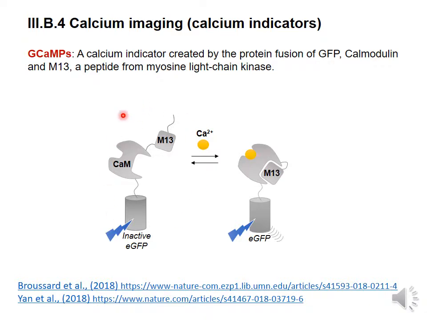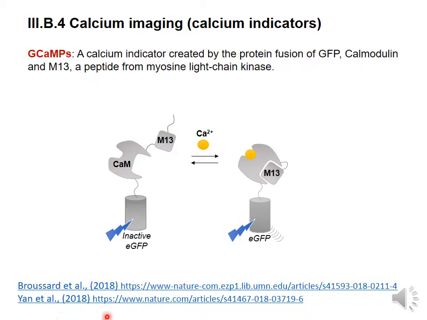This protein is not active by itself, but when calcium binds to calmodulin, there is a structural conformation in which M13 interacts with calmodulin and causes a structural change in the GFP protein that causes GFP to fluoresce.